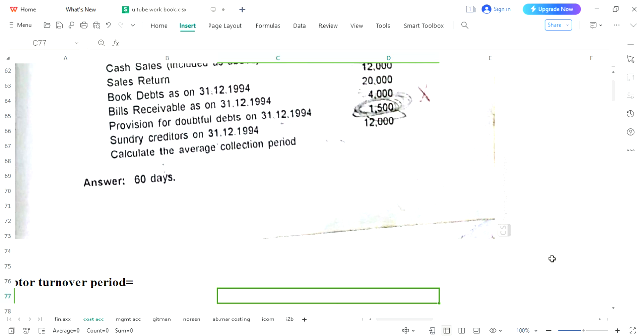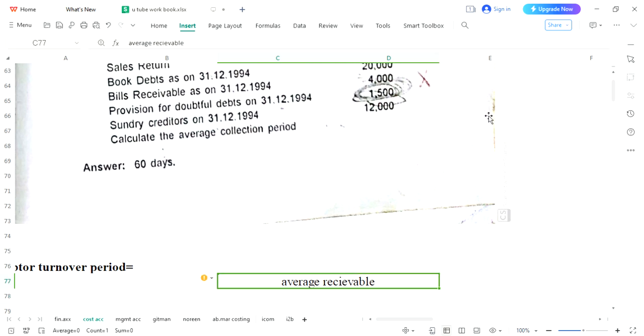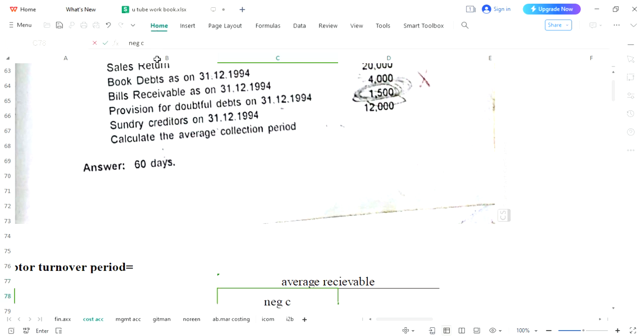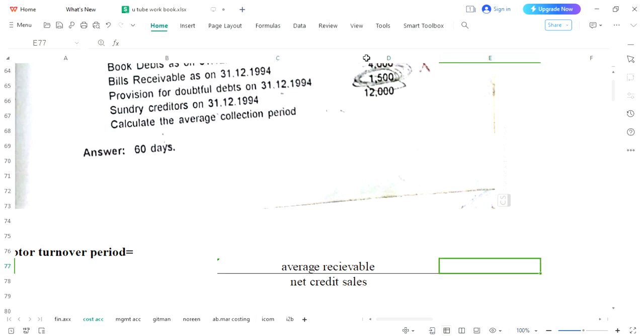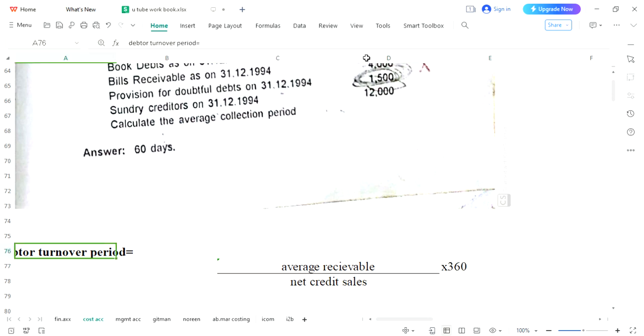We need average receivables, and then you will be dividing it with net credit sales, and finally you may multiply it with 360, 365 or 366. So this is our formula for debtor turnover period.